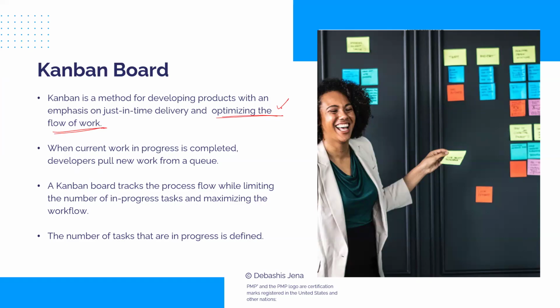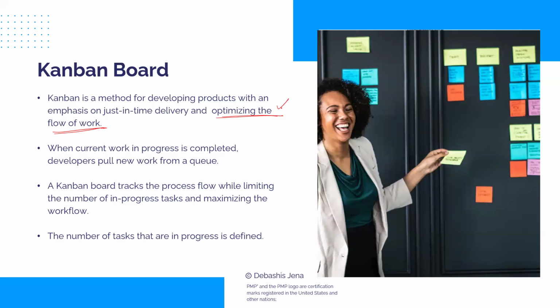We'll be stuck. There'll be bottlenecks. Things won't complete. There won't be throughput. But if we limit the number of items we are working on currently, then there'll be a constant flow of work. We won't be stuck. Take a simple example: say there is a stretch of road. If a reasonable number of vehicles enter that stretch, then what happens?